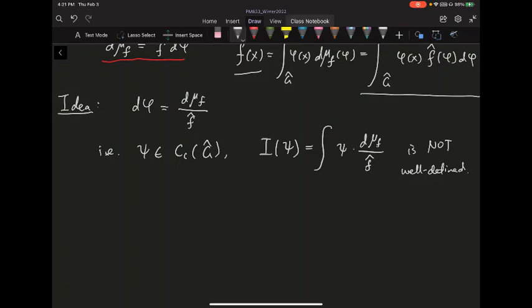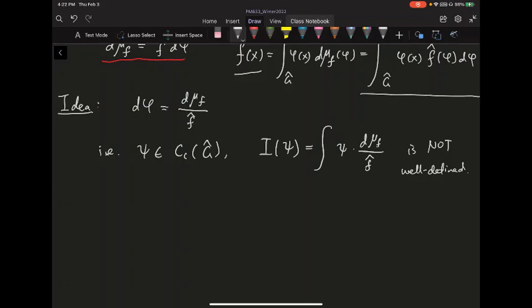So is it possible to define an I using some different f, okay? So for some psi, if your support of f is big enough, well, then maybe you can define it for those f, and then you try to make sense of this I, and hopefully that's going to give you a linear functional. All right, so that's kind of the idea.